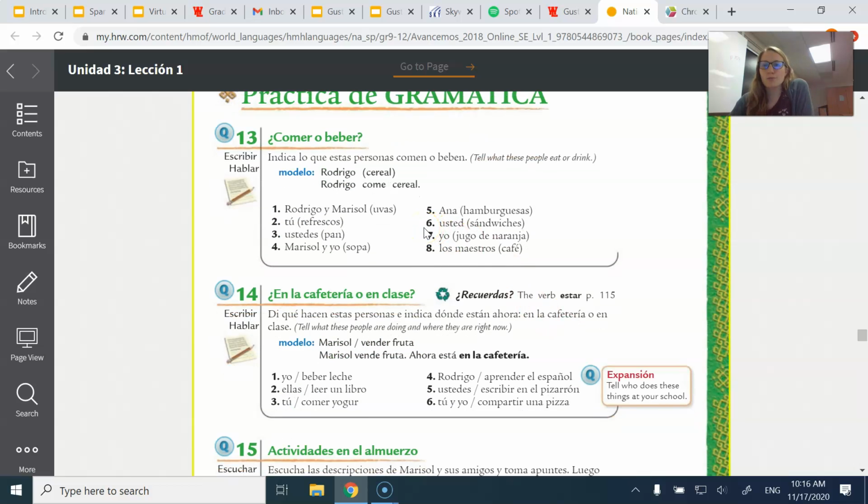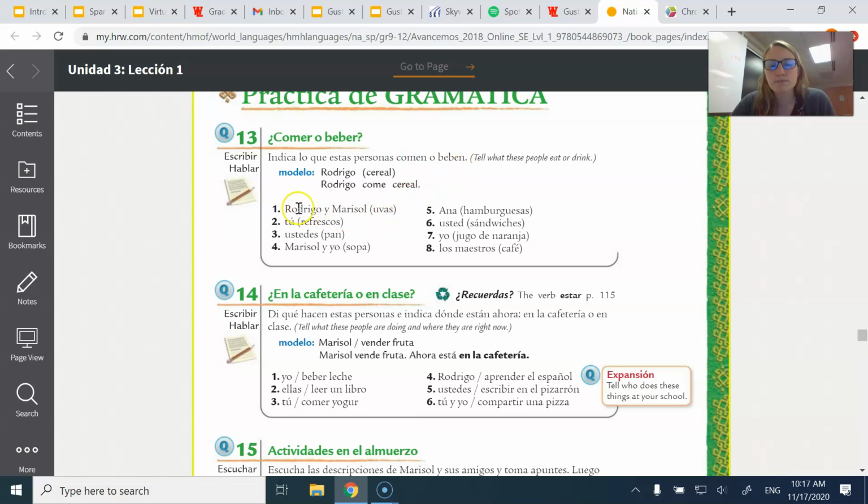But let's go ahead and do one activity together from the book. Comer o beber indica lo que estas personas comen o beben. Tell what these people eat or drink. So for example, Rodrigo y Marisol y uvas. So what we're going to do is we're going to think, okay, eat or drink. Comer is to eat and beber is to drink.